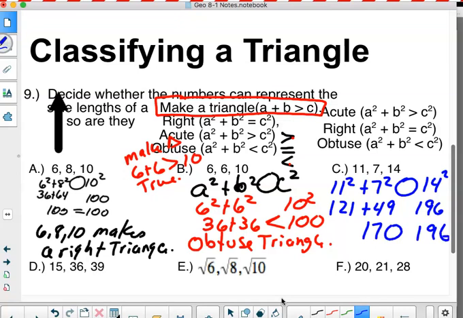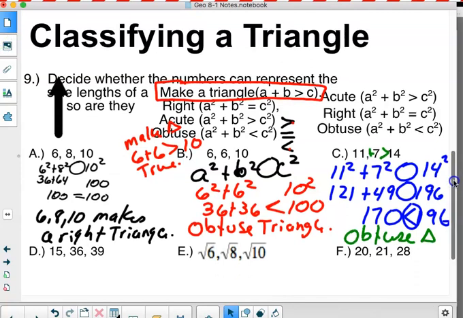Well, 196 is bigger. It's a bigger triangle. So 170 is less than, the smaller two. So this is obtuse as well. But you've got to check to make sure 11 plus 7, is that greater than 14? And that is true. So this is obtuse. All right, got another obtuse triangle.